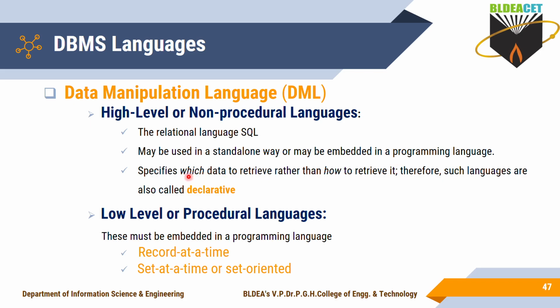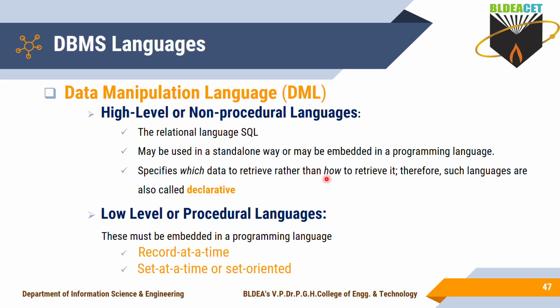Next, the high level or non-procedural language specifies which data you want to retrieve rather than how to retrieve it. Here it is related with the database structure: how to define the database and how to retrieve that data. That procedure you can get from this high level or non-procedural language.